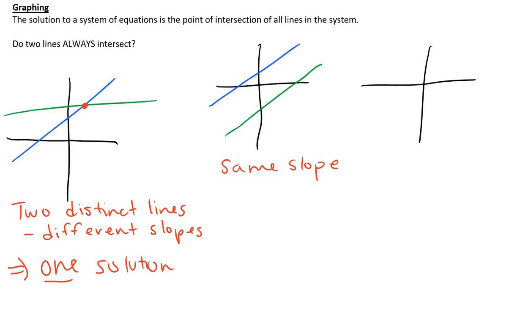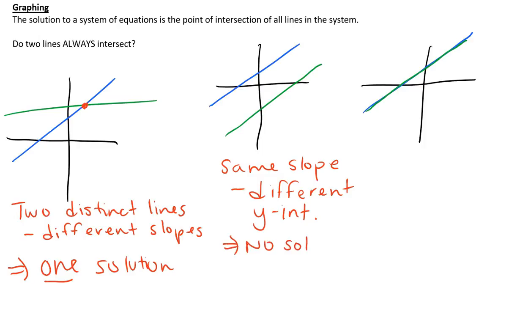But it is a possibility that we could have two lines that have the same slope and are exactly the same line. The difference between these two cases is that in the first case, where we have two distinct parallel lines, these lines have the same slope, but they have different y-intercepts. In this case, these two lines will never intersect each other, and so this means that there is no solution.